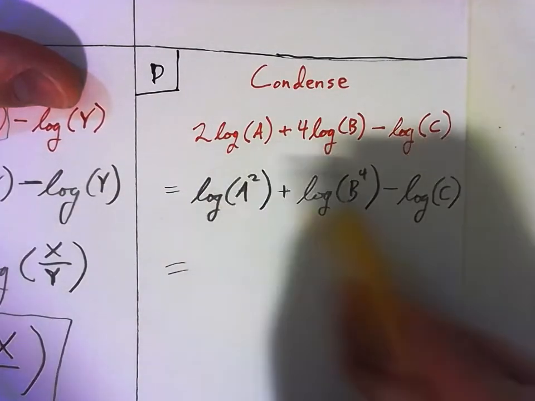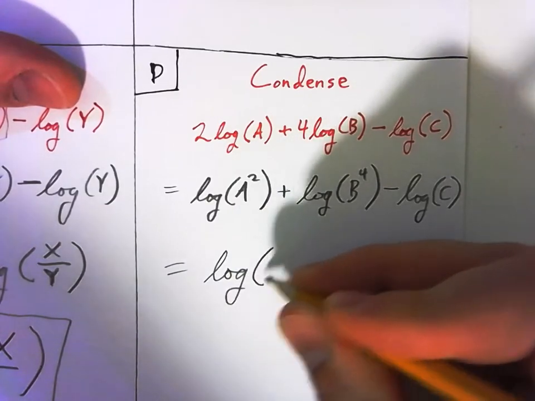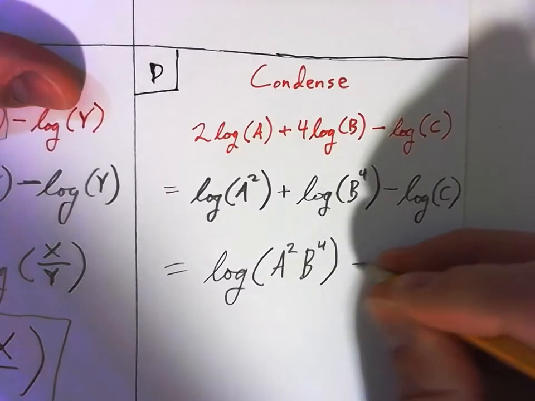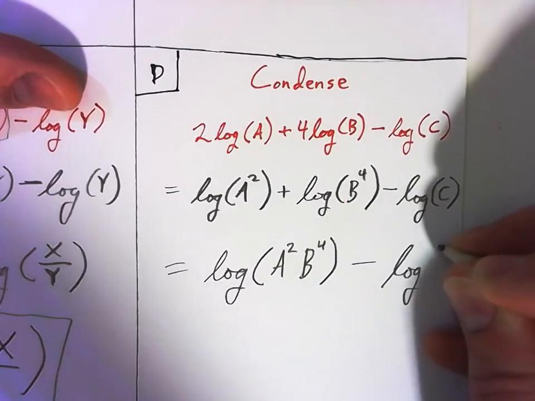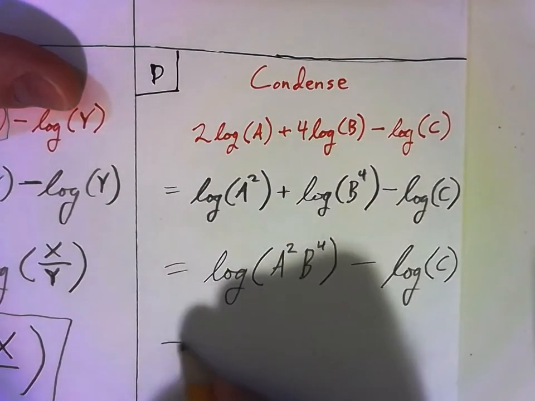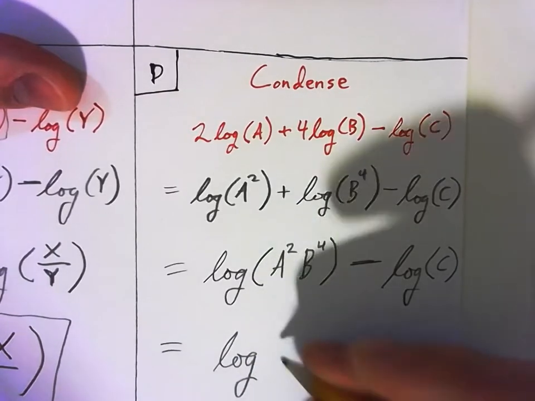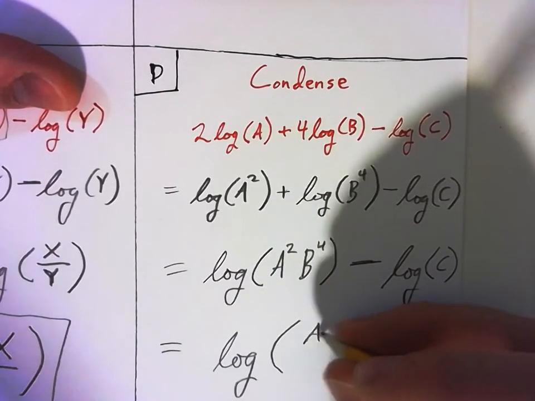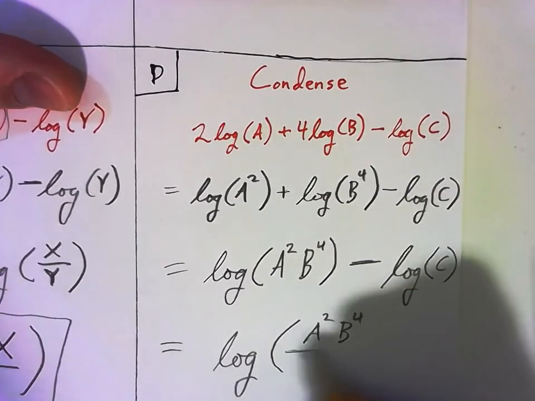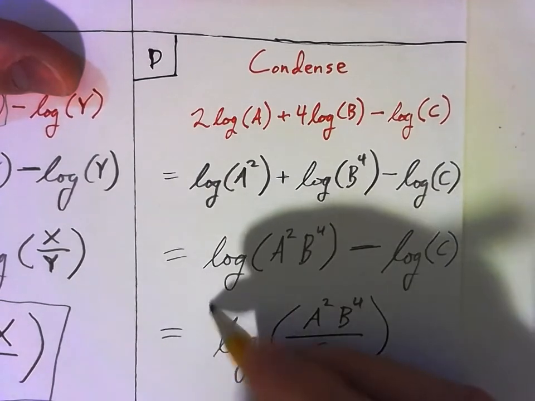I combine those 2 first and we say log a squared b to the fourth minus log of c, and the minus will become subtraction when we condense that last part. Just like that.